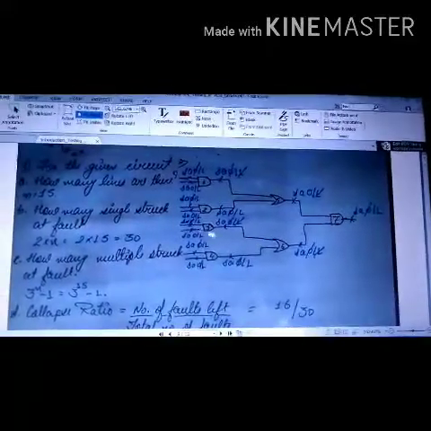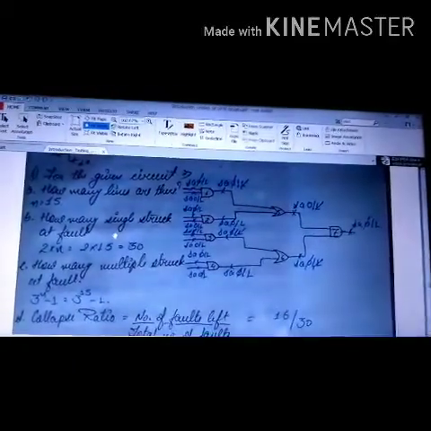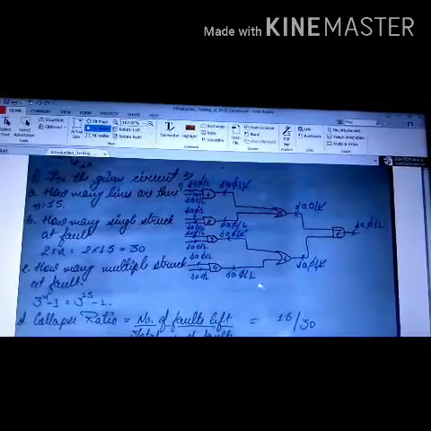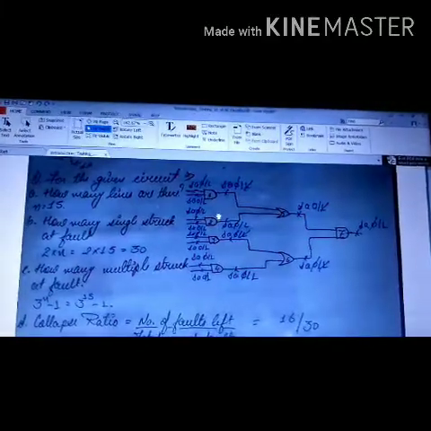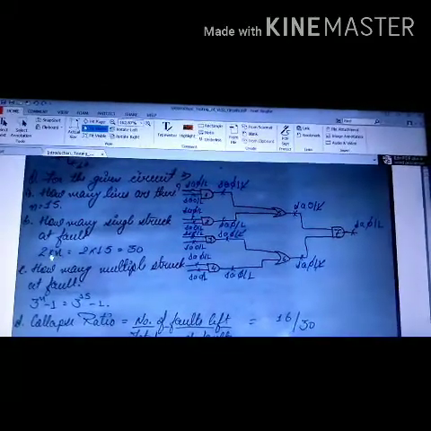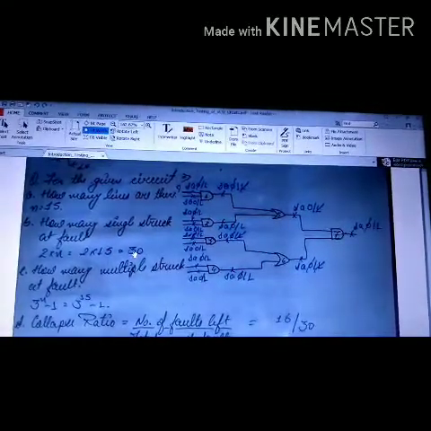According to the formula for single stuck at faults, there can be 2n single stuck at faults. The value of n is 15, so it is 2 into 15, that is equal to 30.